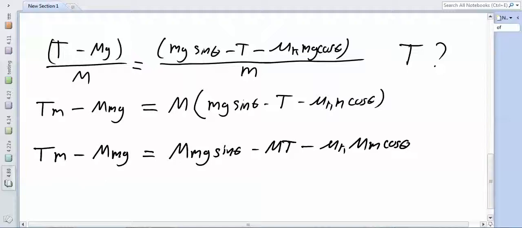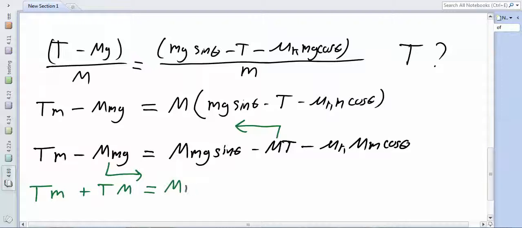Alright, so I need to collect terms now. So I need to take the tension term to the left, and I need to take this big M little m g over to the right. So I have T times little m plus T times big M equals big M little m g plus big M little m g sine of theta minus, somewhere I lost a g up here.